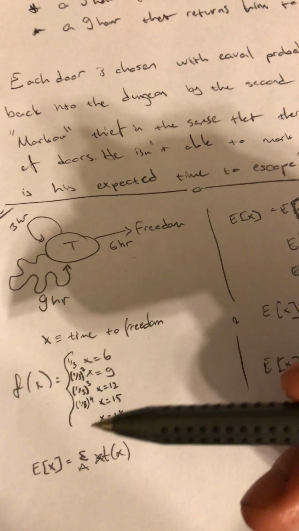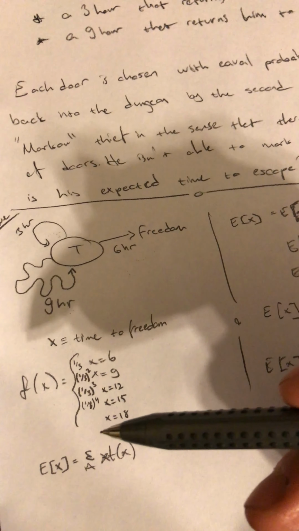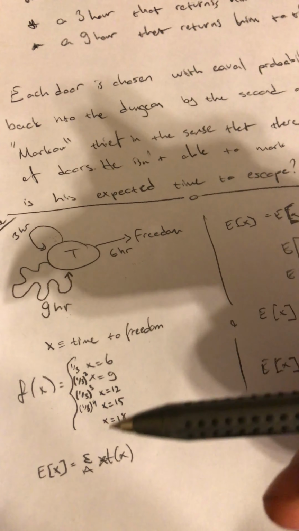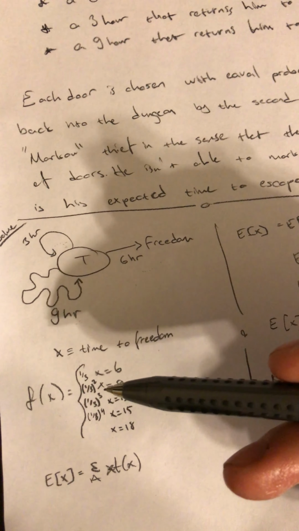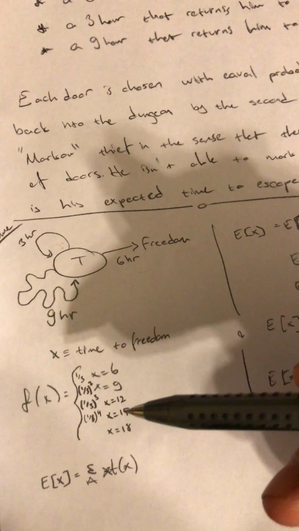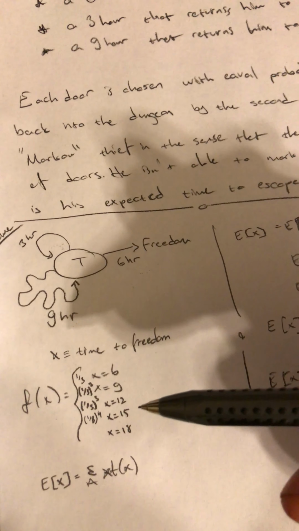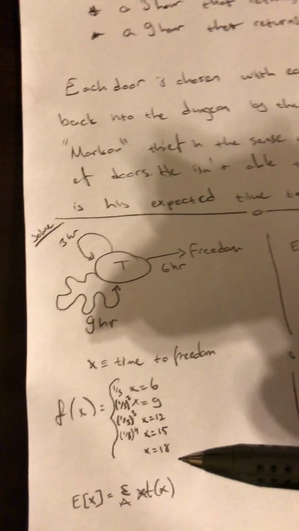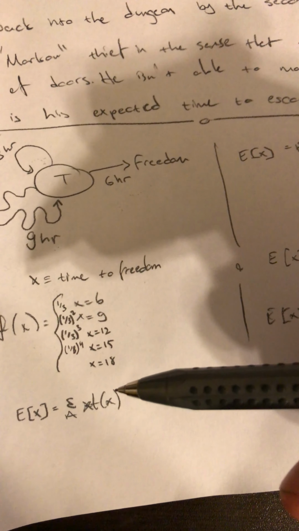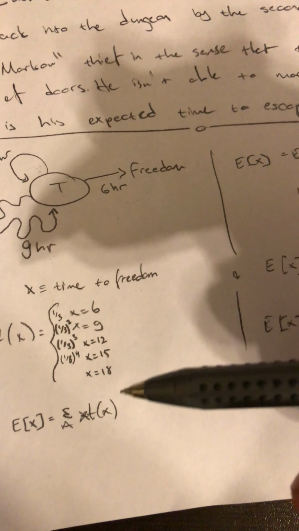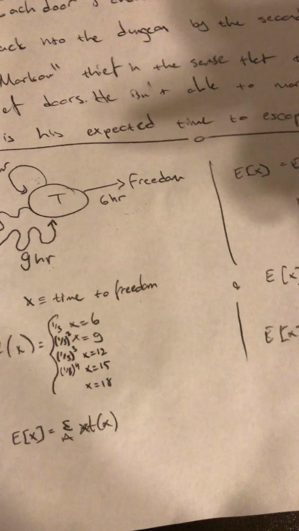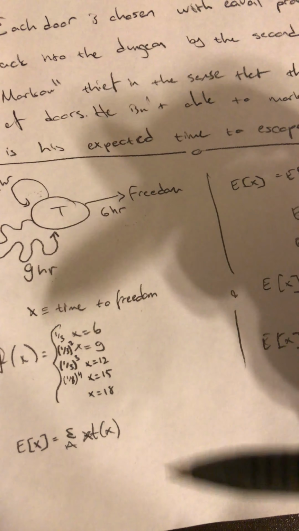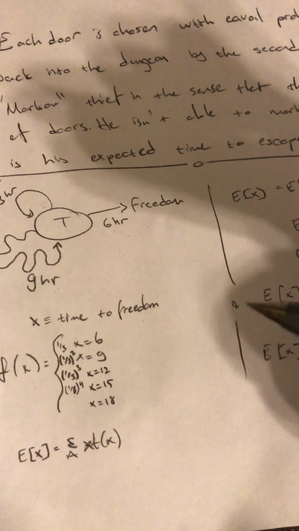1/3 squared. The next thing takes him 12 hours, with probability 1/3 cubed, and we get x equals 15, with probability 1/3 to the fourth. He could also choose the 9-hour tunnel followed by the 6-hour tunnel, and that would also get him out in 15 hours.